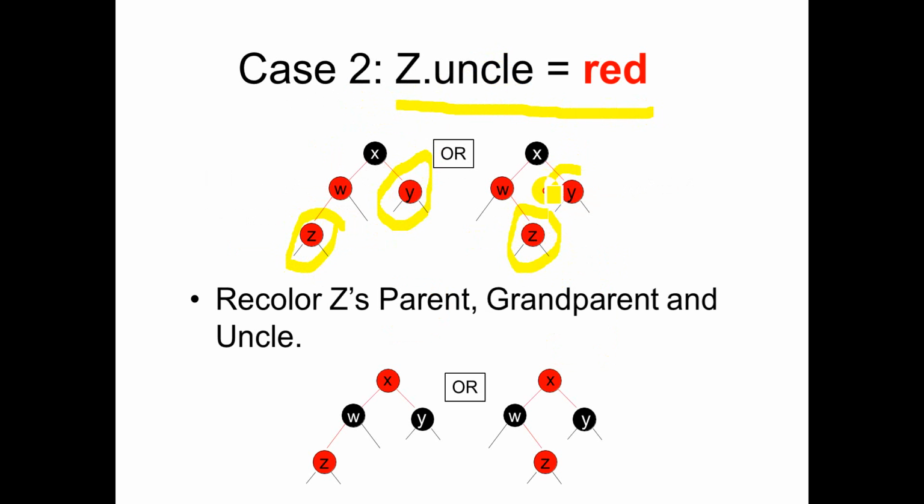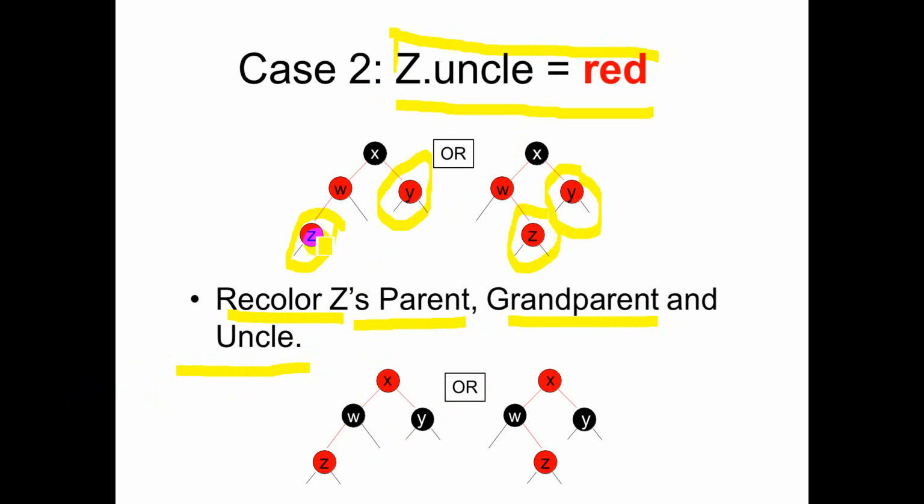Two different scenarios may happen with respect to this condition. So what we need to do in this case is recolor Z's parent, grandparent, and uncle. Just recoloring is enough.